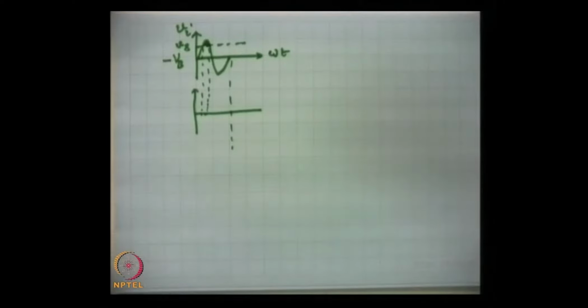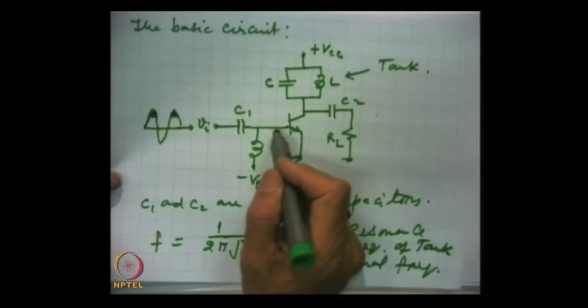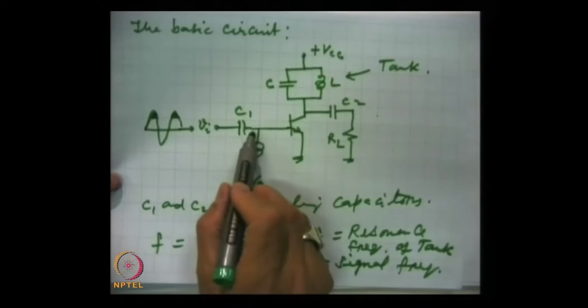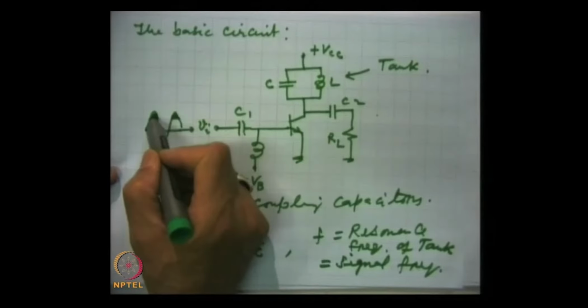I B, the base current in this circuit. Base current will flow only when emitter base junction is forward biased, and this will be forward biased here.